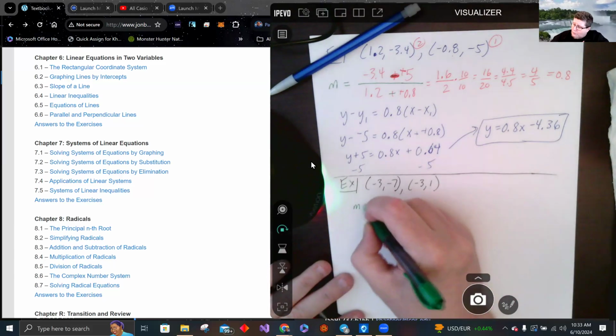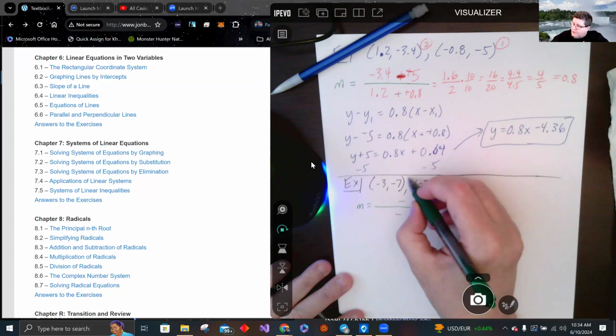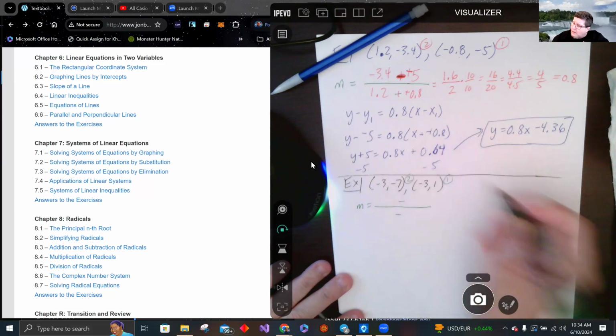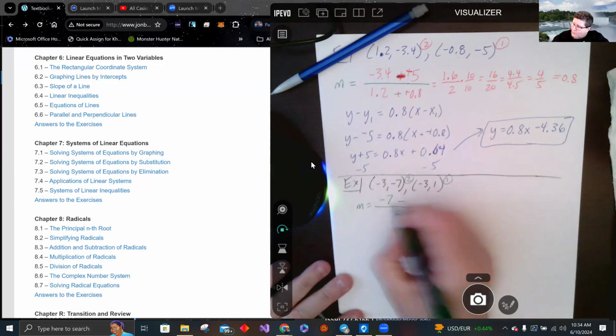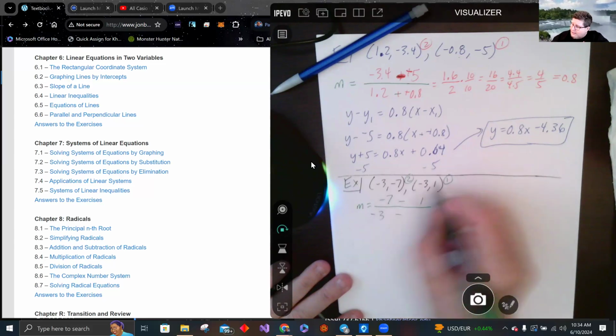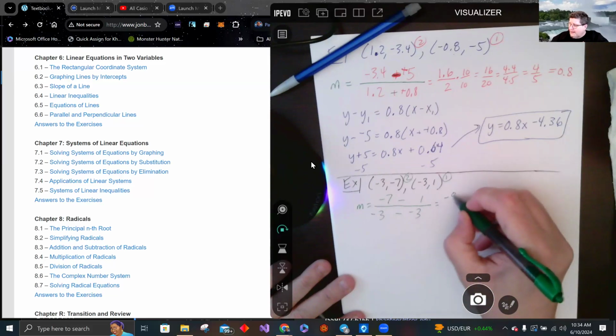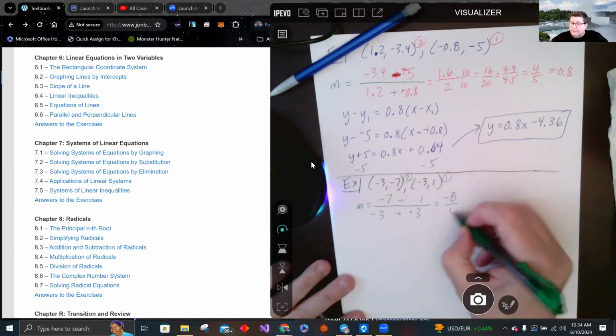M equals, I don't know, let's go with 2 and 1 again. y2 is -7, y1 is 1, x2 is -3, x1 is -3. I get -8 over 0.